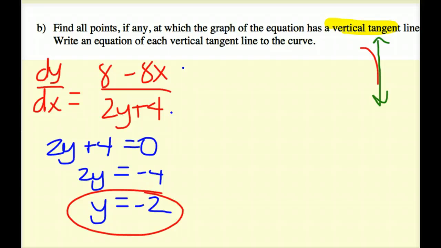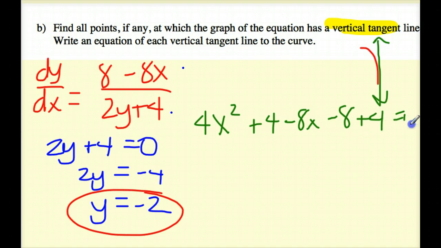If I plug that in, I get 4x squared plus y squared, so negative 2 squared is 4, so plus 4, minus 8x, plus 4 times y, which is negative 8, plus 4 is equal to 0.